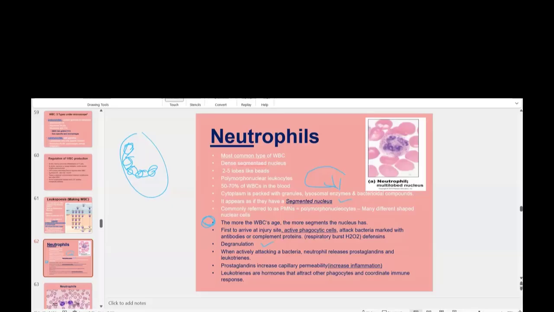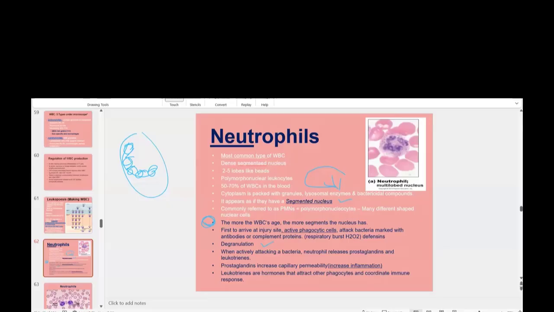When a pathogen comes, the first cops to arrive there are the neutrophils. Once they come and recognize that this is a foreign pathogen, there would be an intense surge of activity. You'll find lysosomal activity, lytic enzymes being discharged, a respiratory burst of hydrogen peroxide, defensin enzymes being released, and it will also cause degranulation.